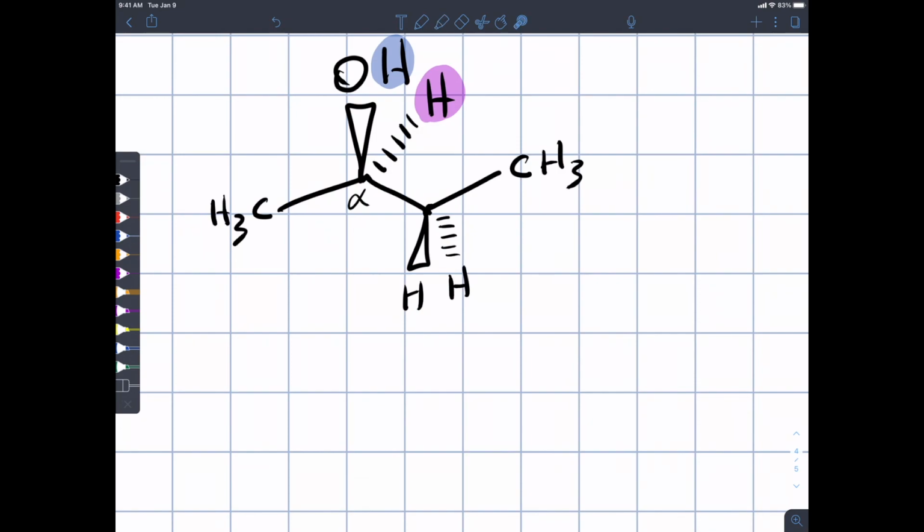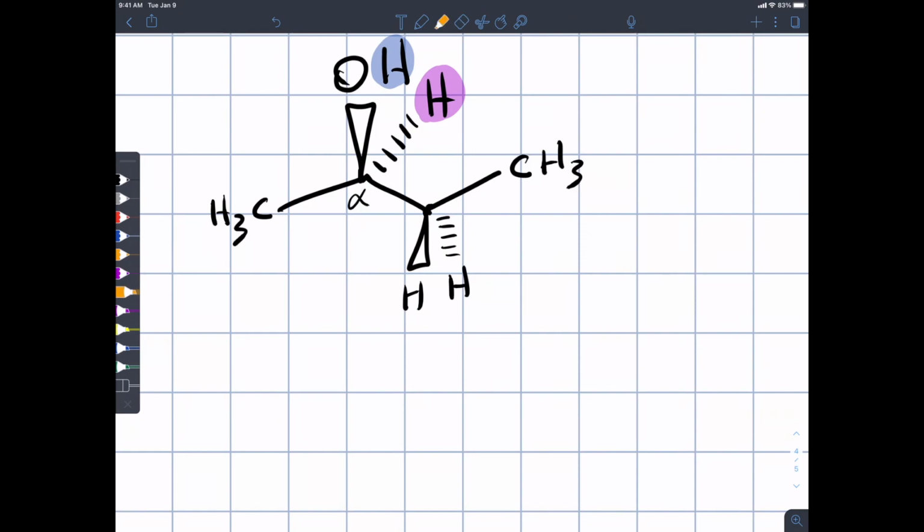Right, yes, the methyl group on the left is beta to the alcohol, whereas the methyl group on the right would be gamma to the alcohol. There's no symmetry operation, flipping things over, reflecting, rotating, that could bring this methyl group to be equal to that one. So they have to be different.